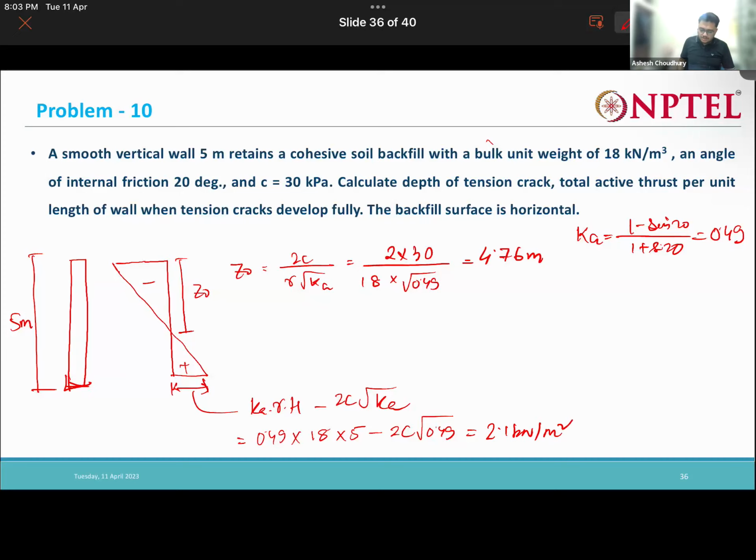This portion. So tension cracks do develop, right? So this upper portion won't come into the picture, and we will take the area of this complete triangle. So my PA will be half into 2.1 into this side.